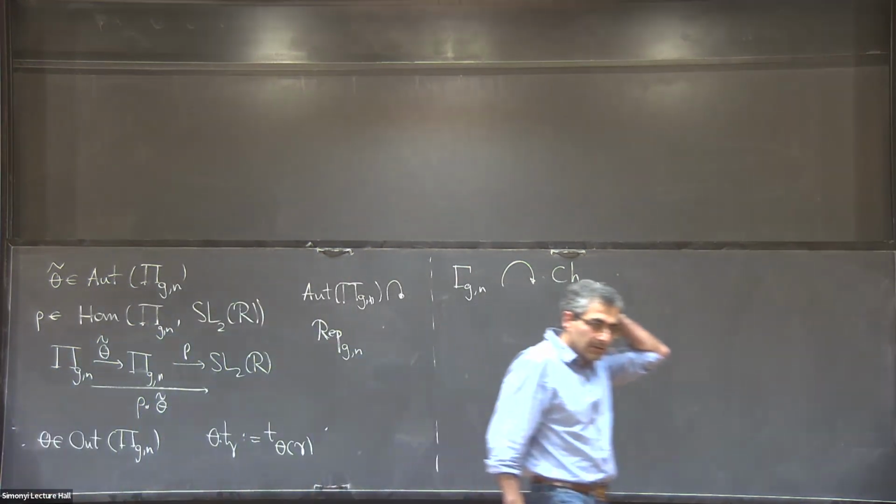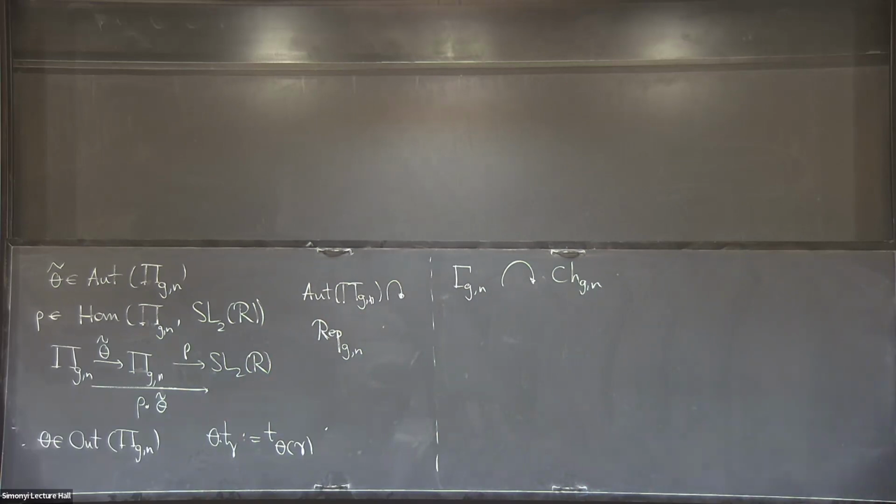Why did they need all this story? I mean, gamma GN acts on the Dehn twists somehow, and that gives me an action. Gamma GN is generated by Dehn twists. So that one acts on what? No, but gamma GN acts on the simple curves. Gamma GN acts on the simple curves, that's correct. And that gives me presumably some action on the character variety.